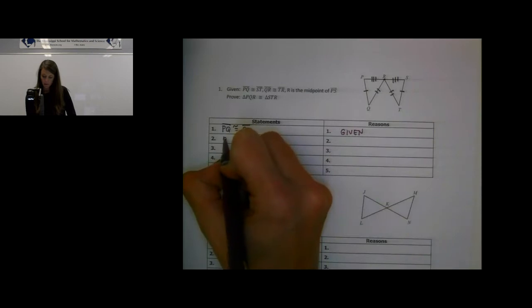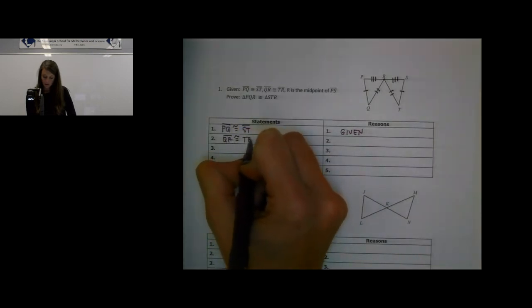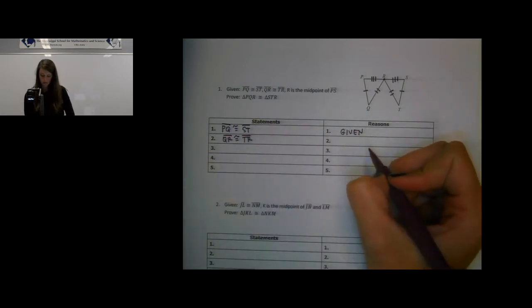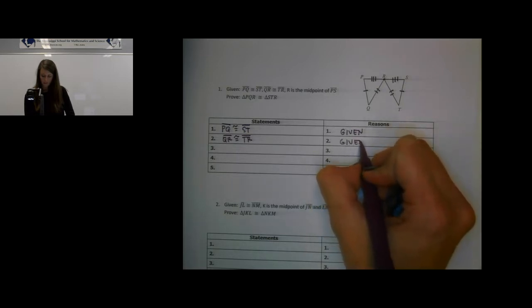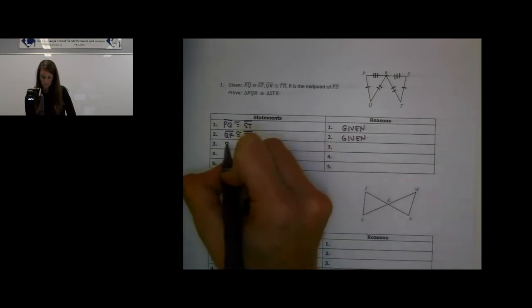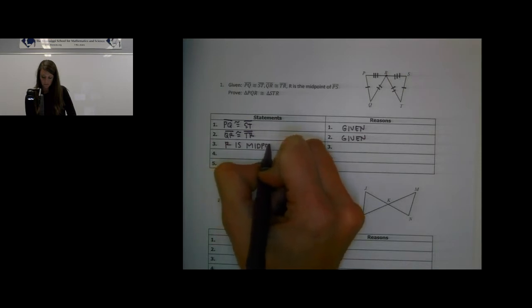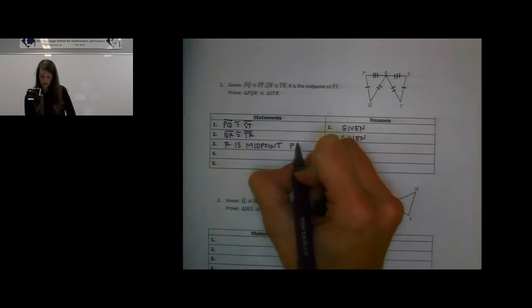QR is congruent to TR. R is the midpoint of PS.